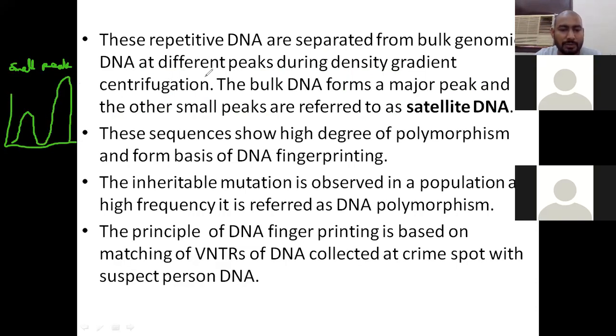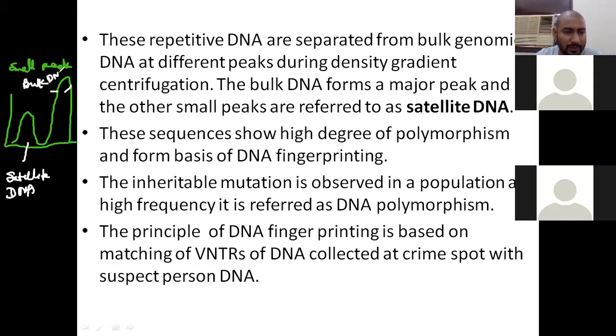The small peak is for the satellite DNA. This is the satellite DNA. And the large peak is known as the bulk DNA.